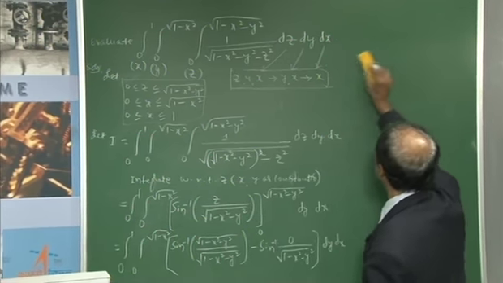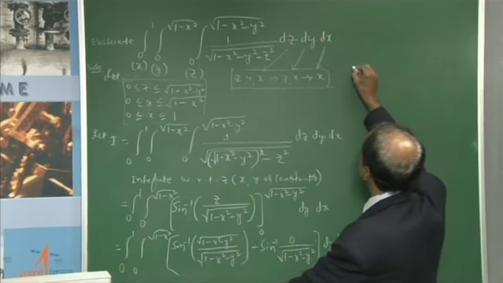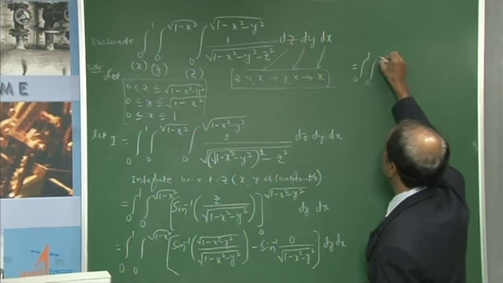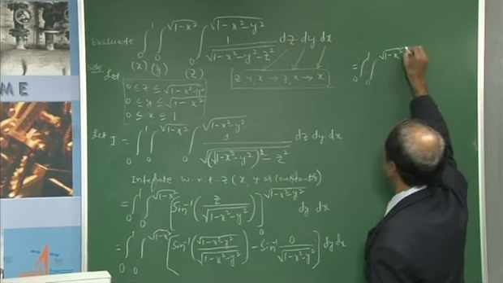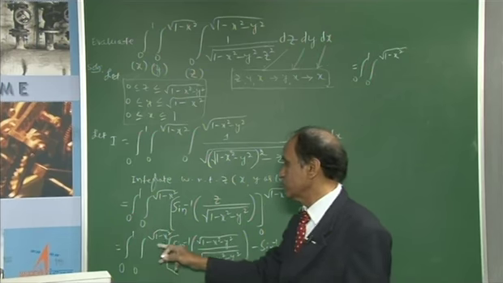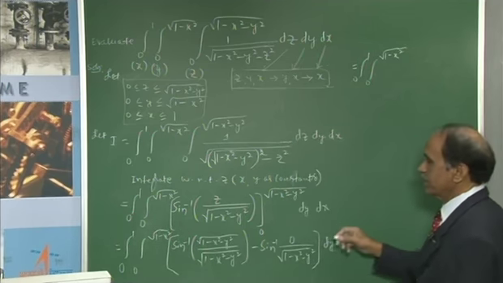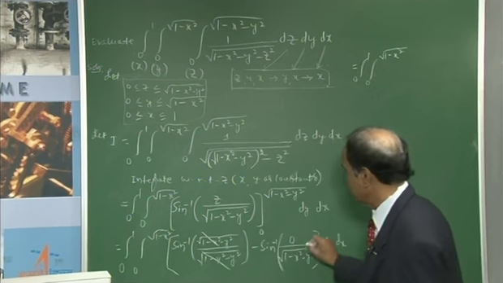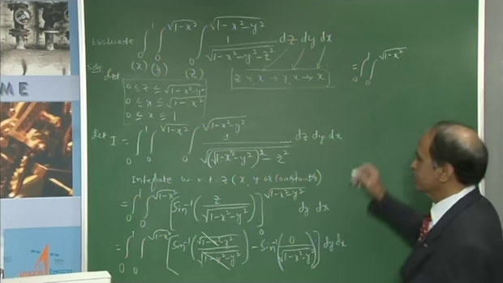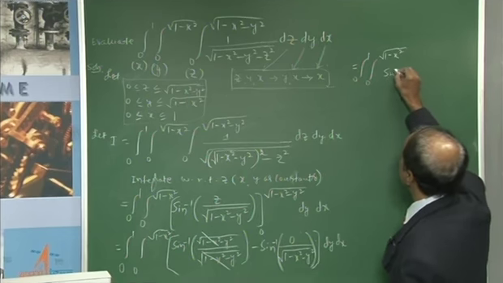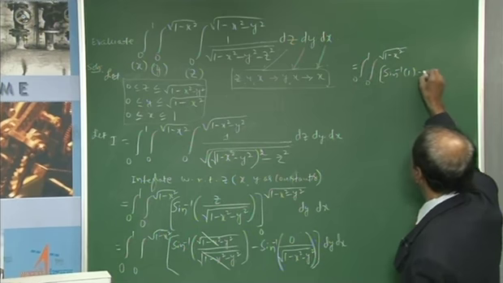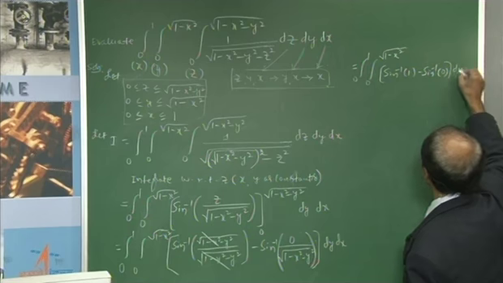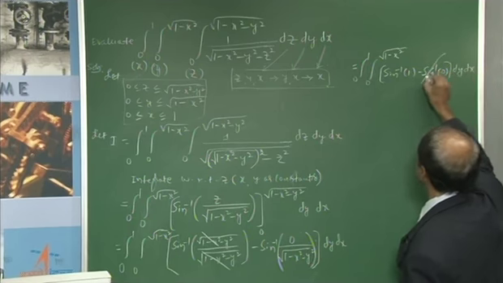Then you will write 0 to 1, then 0 to root of 1 minus x square. Then this you can cancel, and this quantity is sine inverse of 1 minus sine inverse of 0, dy and then dx.